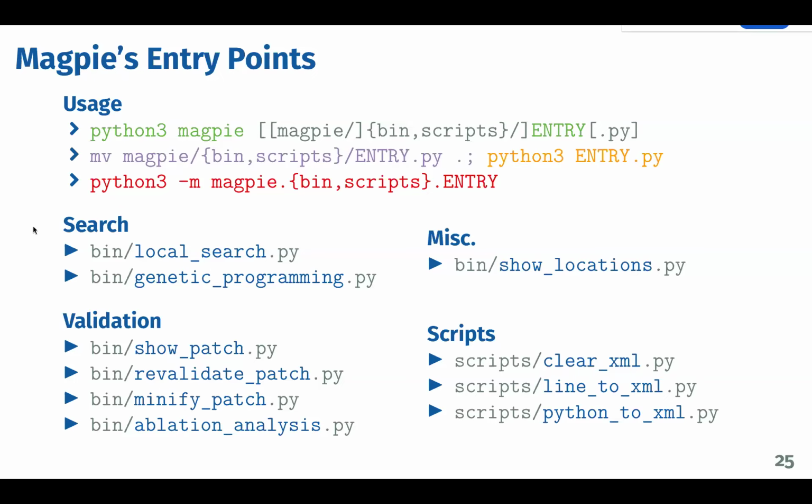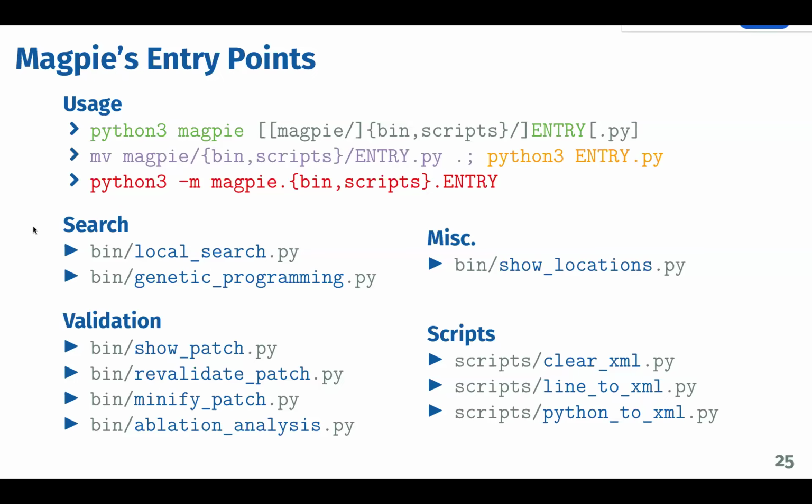I think it's way better to just write Python 3 Magpie local search and it will work. Or if you want to autocomplete, okay, Python 3 Magpie bin, and then you autocomplete local search. It will work. But explaining that you need to replace slashes with dots is complex. And then, Magpie will provide two types of search, local search and genetic programming.